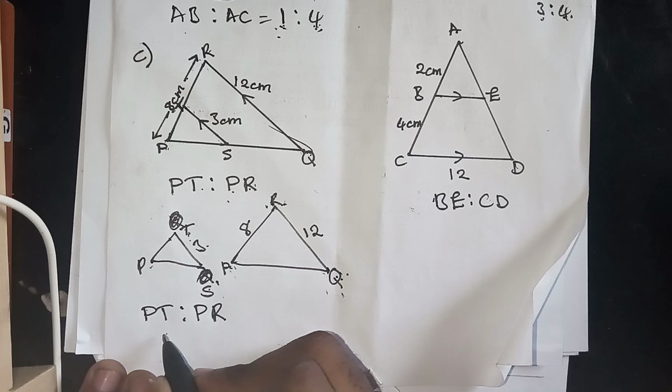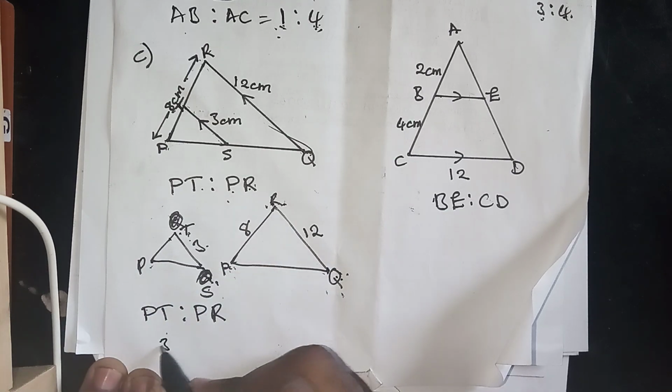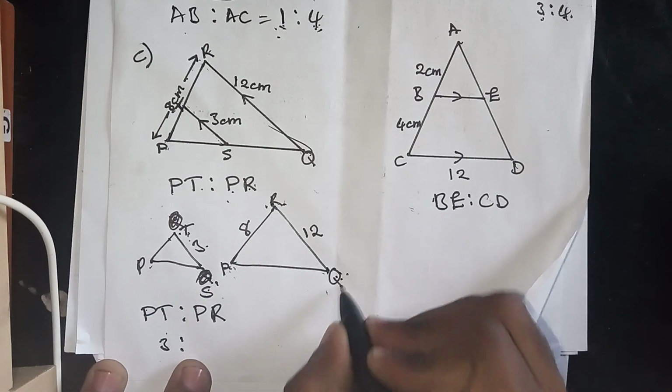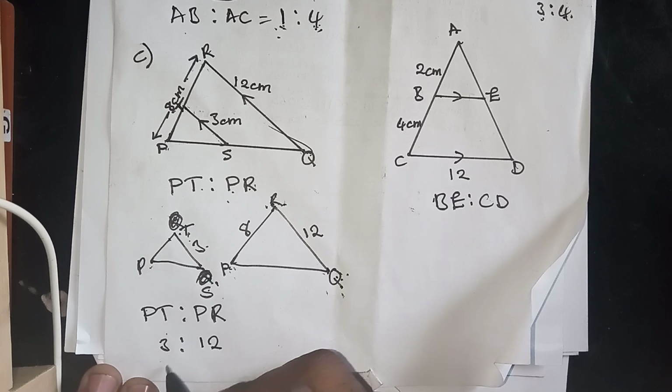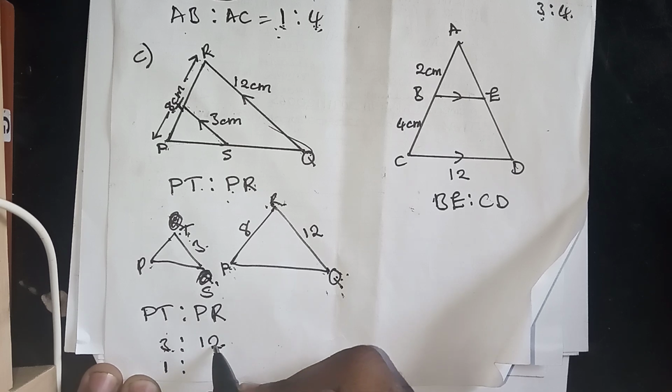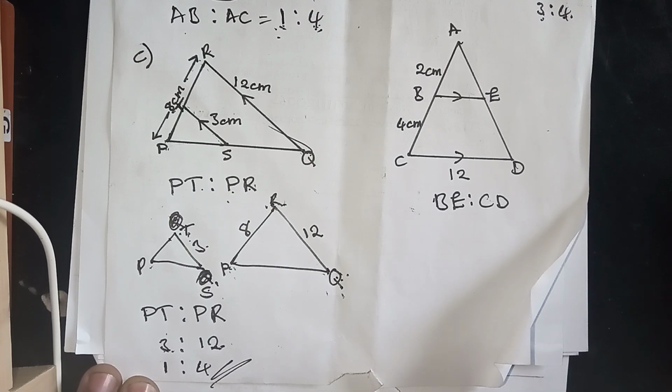So you can say TS is 3 to RQ, which is 12, and then you reduce it. You don't leave your ratios in this form. Make sure you write them in their simplest form. So when you divide it through by 3, this would be a 1, 4, and you are done.